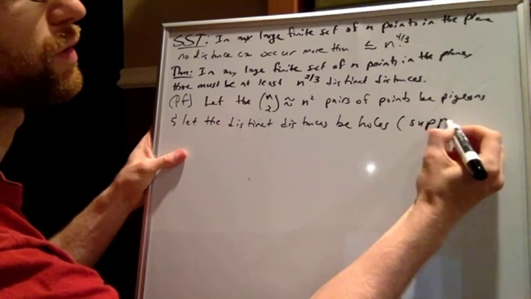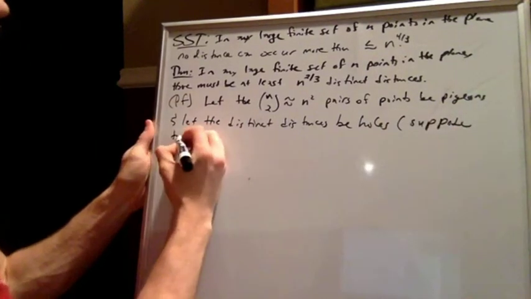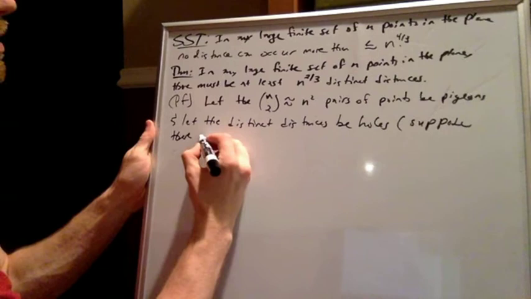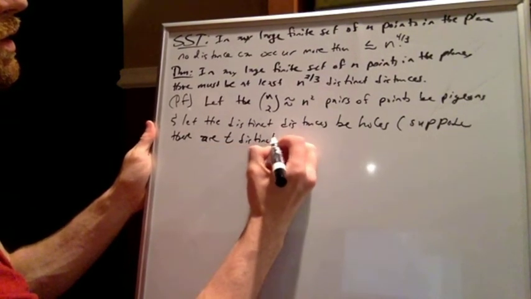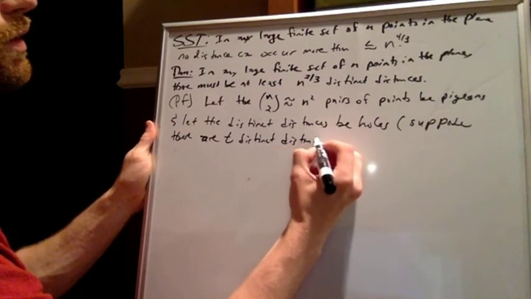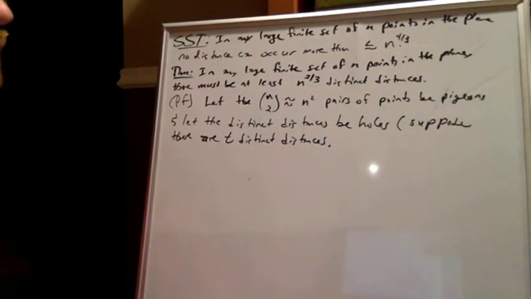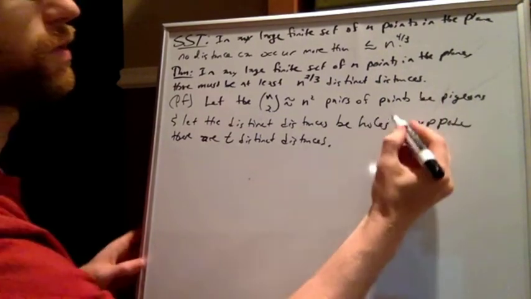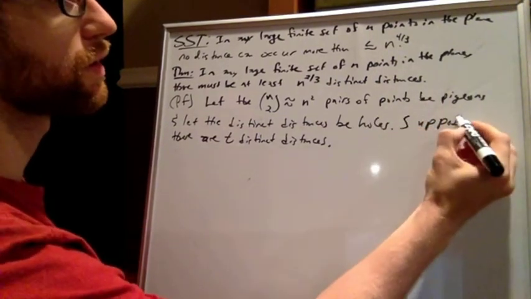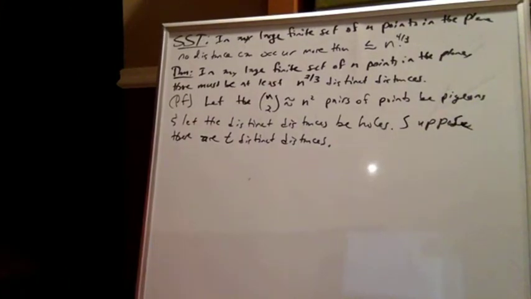Let's suppose there are t distinct distances. Okay, suppose there are t distinct distances.